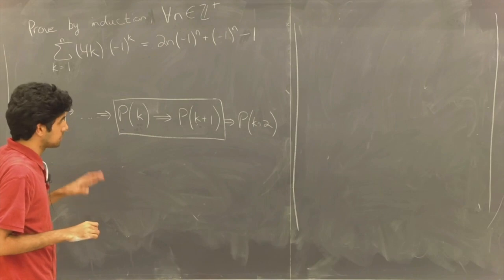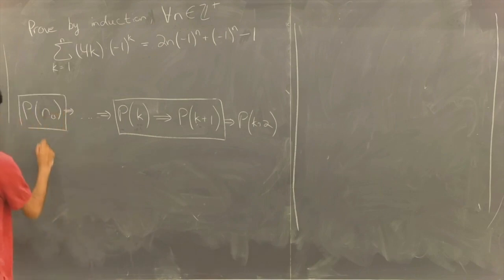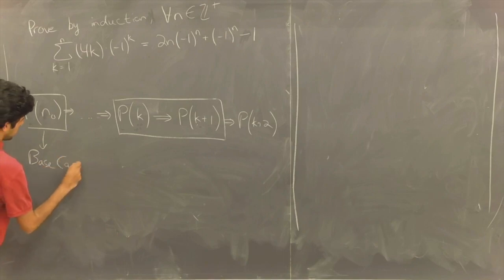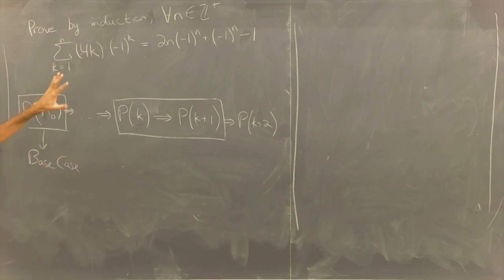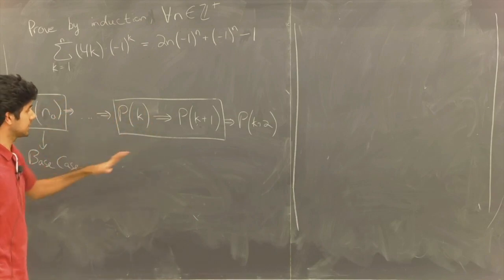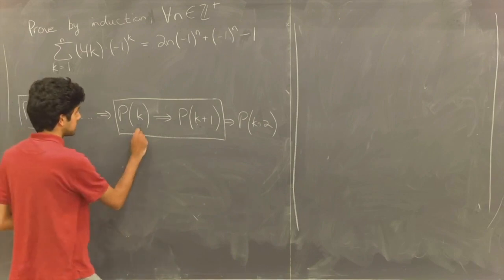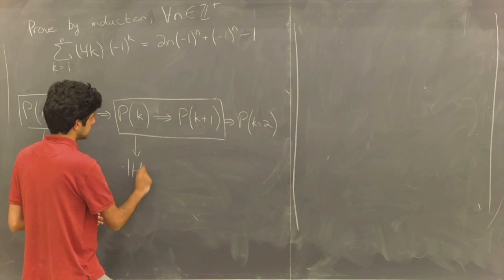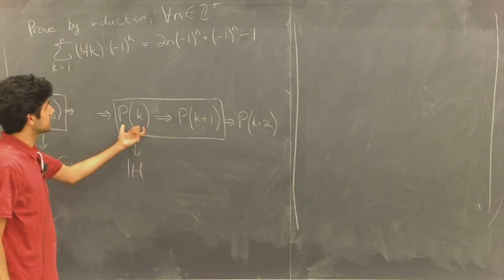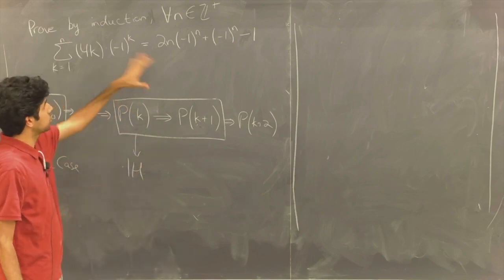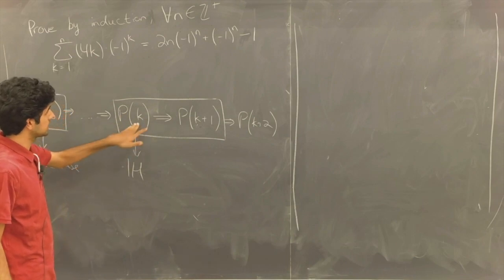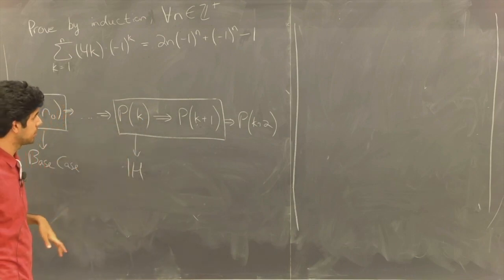With this comes 3 steps to induction. First is called the base case, where we are ensuring that our property or equality holds true for some very small value, because everything that succeeds it is greater than this n naught. Our second step is called the induction hypothesis, where we make an assumption that our equality or property holds true for some arbitrary value of k.